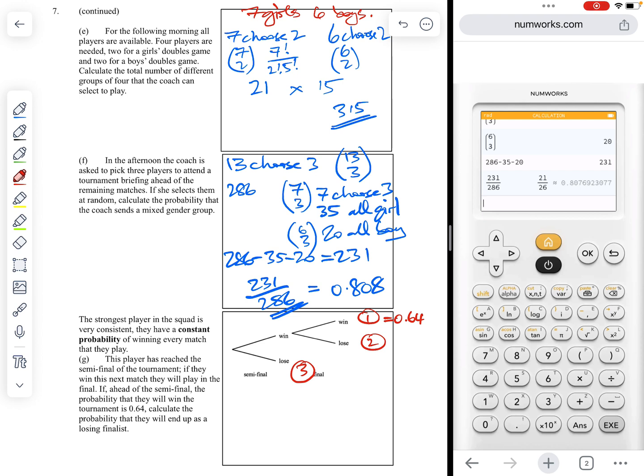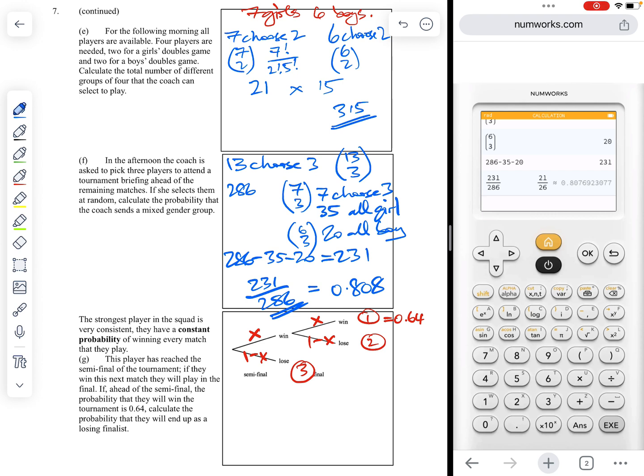But we don't know any individual probabilities. But we do know that it's the same probability to win each time. So we can put x, we don't know what that is, and then x again. Now a probability overall is 1, so this would be 1 minus x, and this would be 1 minus x.